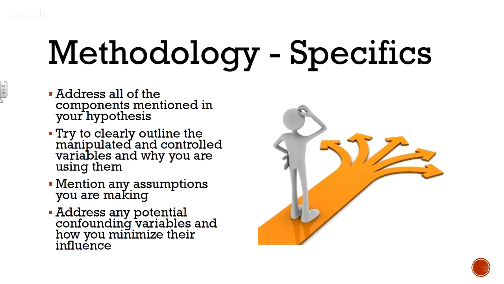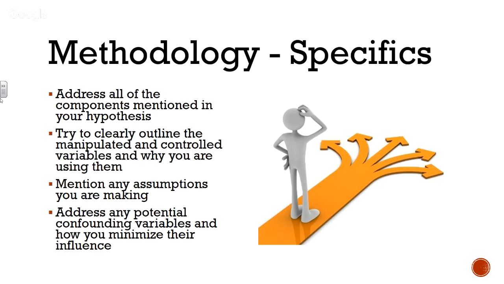Okay. So we're going to continue with the specifics of the methodology. You want to make sure to address all the components mentioned in your hypothesis. As George mentioned, your hypothesis is an educated guess of what you anticipate your research is going to give you. So you want to touch every aspect of your hypothesis.